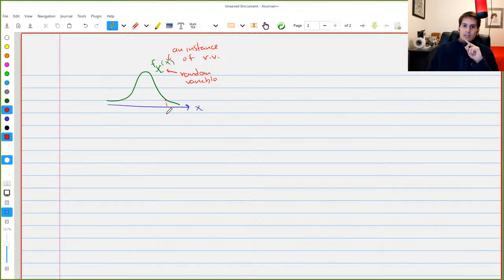For example, here you have x equals 1. Here x equals 0. x equals -1, for example.